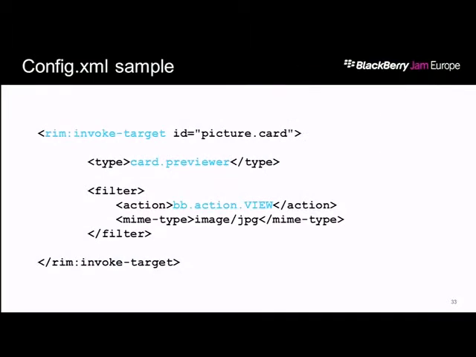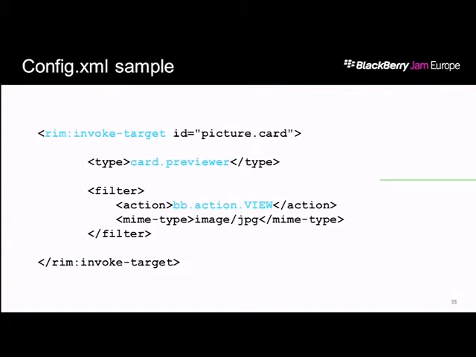So, being invoked. This is what I was mentioning when I showed you the picture viewer that was implemented in a WebWorks application. This is how a WebWorks app can be invoked by others. Very powerful paradigm in this kind of two-way flow of data. It's all captured in the Config.xml file, and you specify a rim:invoke-target element.